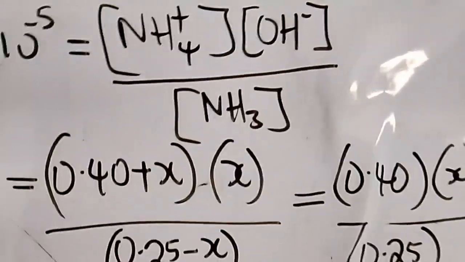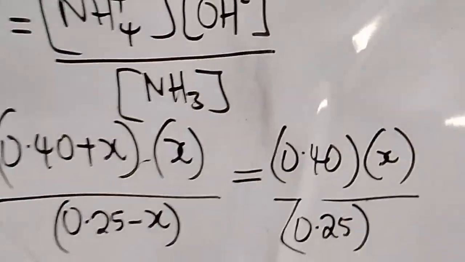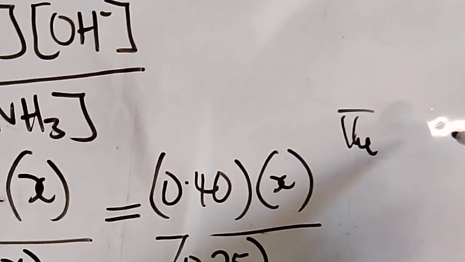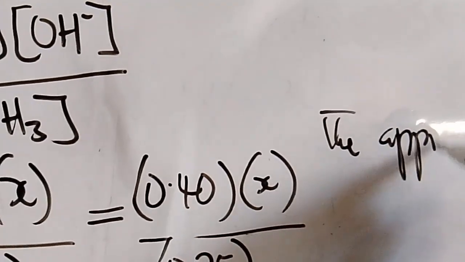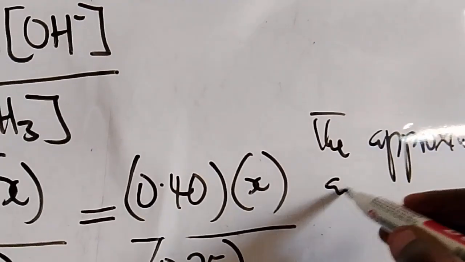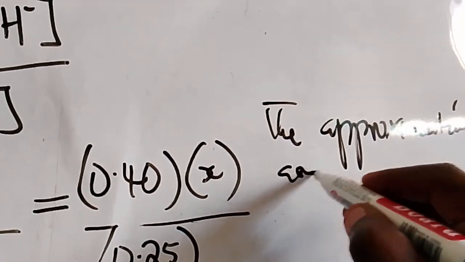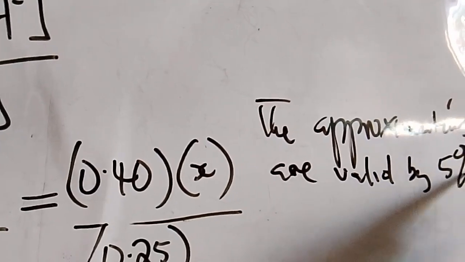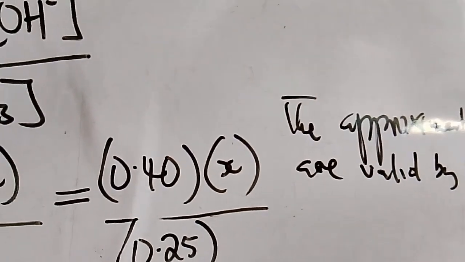You can say the approximations are valid by the 5% rule.